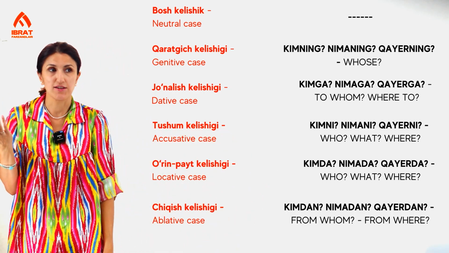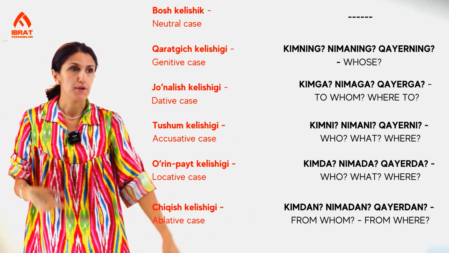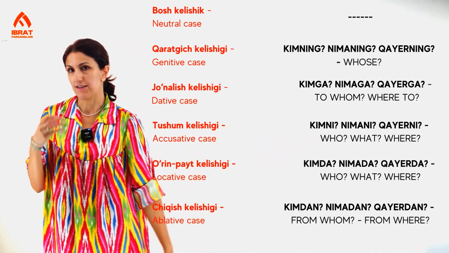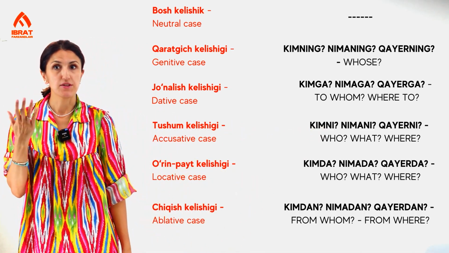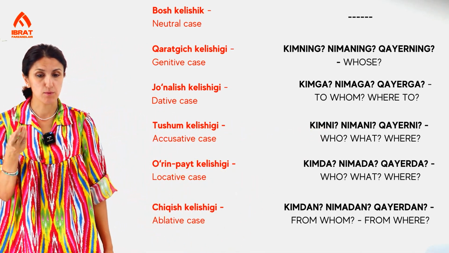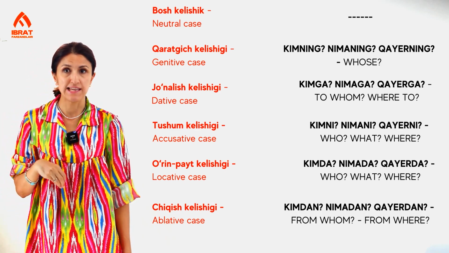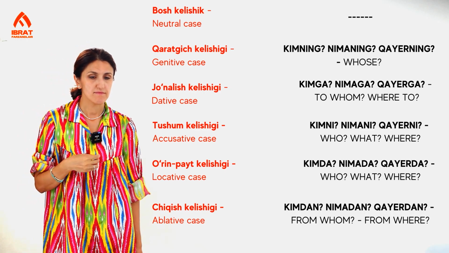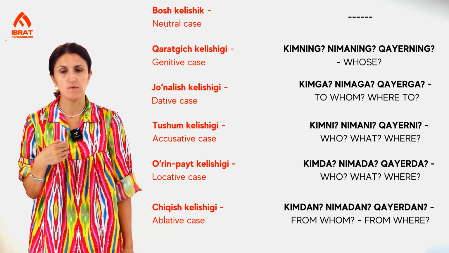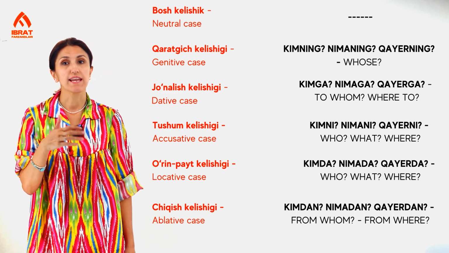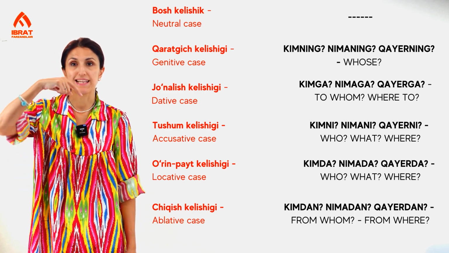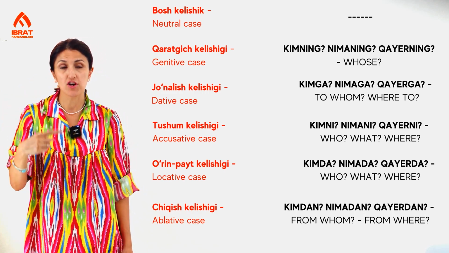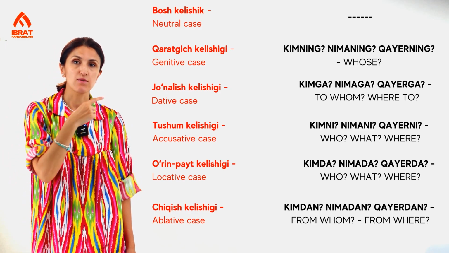And in English, that's just who, what, where, because there's no such concept. But we do have it a lot with specific verbs. We just need to add ni. For example, Uzbek tilini o'rganyapman, right? Uzbek tilini o'rganyapman. I'm still learning Uzbek.